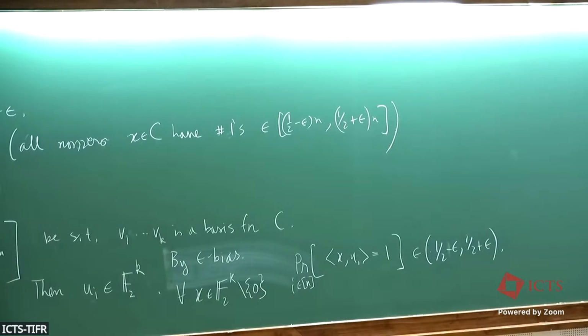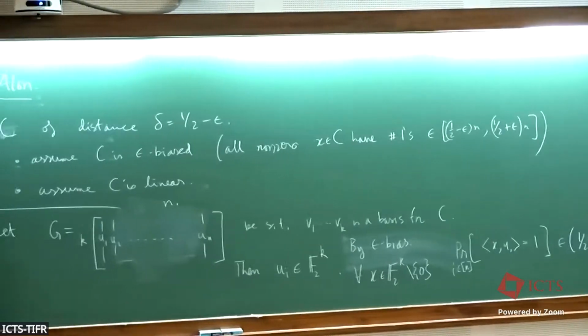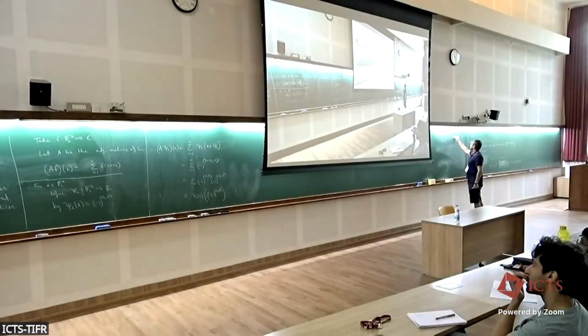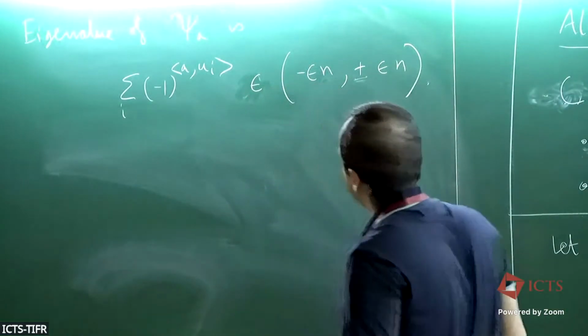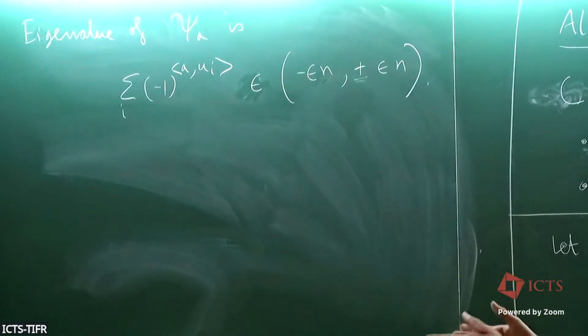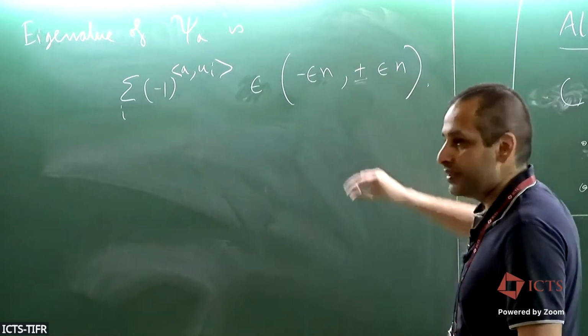So the eigenvalue of psi A is the sum over all i of -1 to the A ui, which is in minus epsilon n to plus epsilon n. The top eigenvalue is n, that's the degree as expected, and all the rest are epsilon fraction low. So we got it exactly.